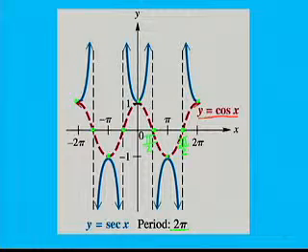So the domain is all the real numbers, not including the odd integer multiples of pi over 2. The range, as you can see, would be that set of numbers less than or equal to -1, union greater than or equal to +1. There's no amplitude in this particular case for the same reason as we had before.